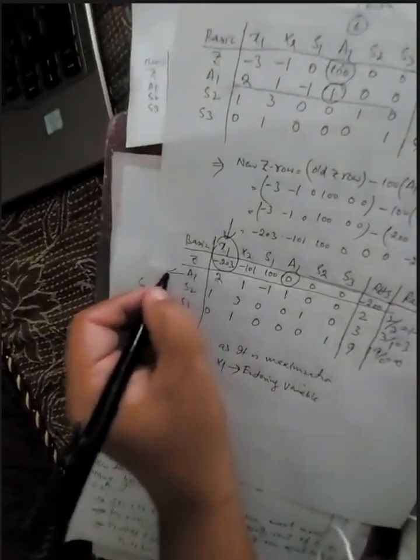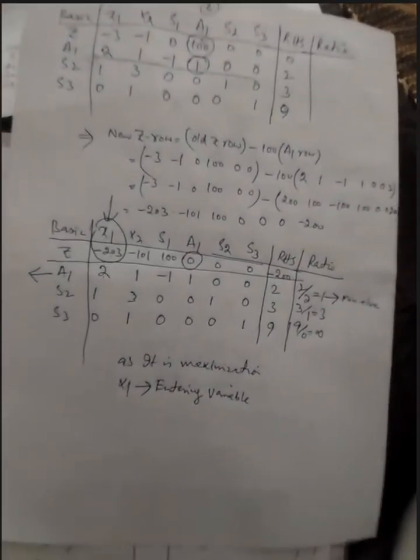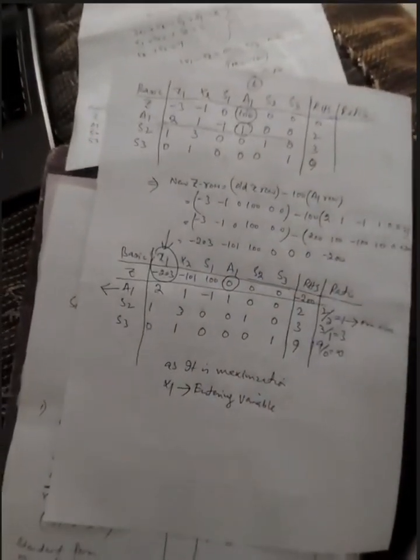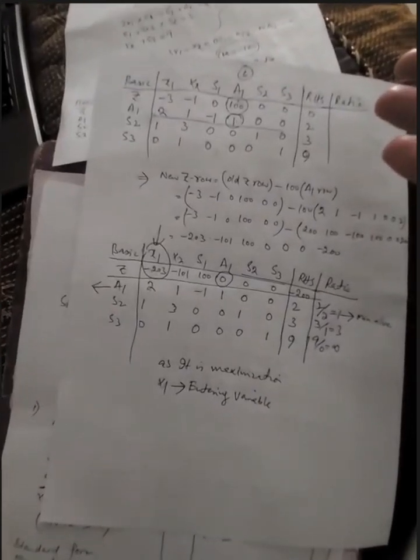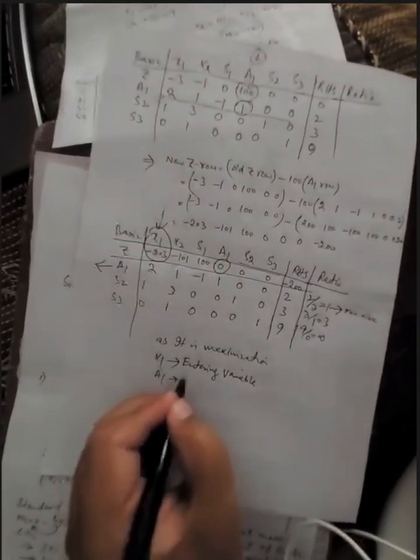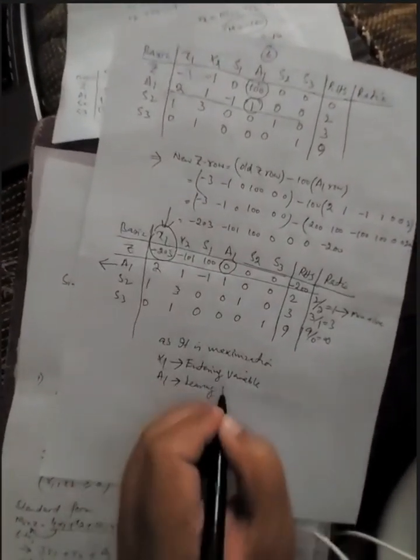So x1 is the leaving variable. And in this way, we can do the rest of the process and find out the optimal solution. And the pivot element is 2.